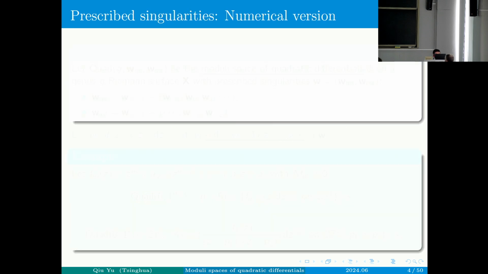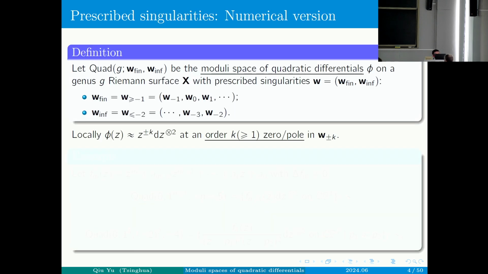So first, let's recall the model space. I will use numerical data to describe this model space by fixing prescribed singularities. Such a model space consists of a quadratic differential on a genus g Riemann surface, that is, a section of the square of the cotangent bundle. Then we allow singularities, so it is meromorphic, and we divide the singularities into two types.